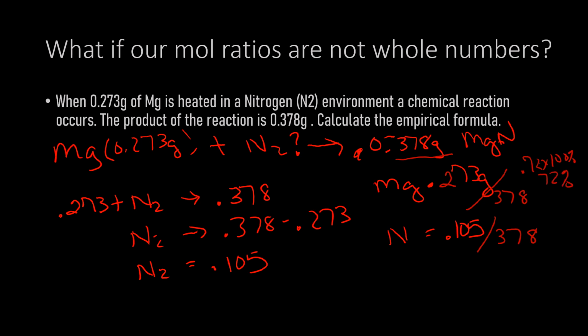And for the nitrogen, 0.105 divided by 0.378 is 0.28, times 100% is 28%.